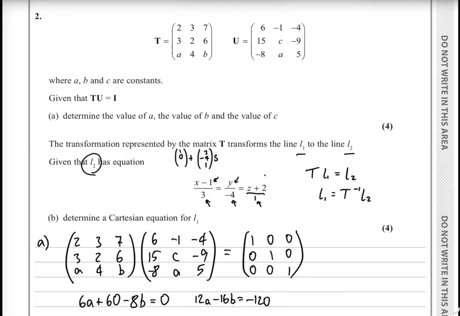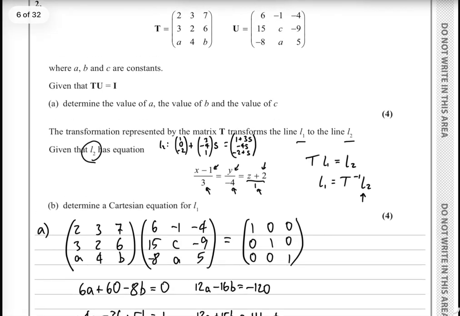And in the form z minus c, that's a minus 2. So L2 has this equation, which I can write as a general point 1 plus 3s, minus 4s, and minus 2 plus s.